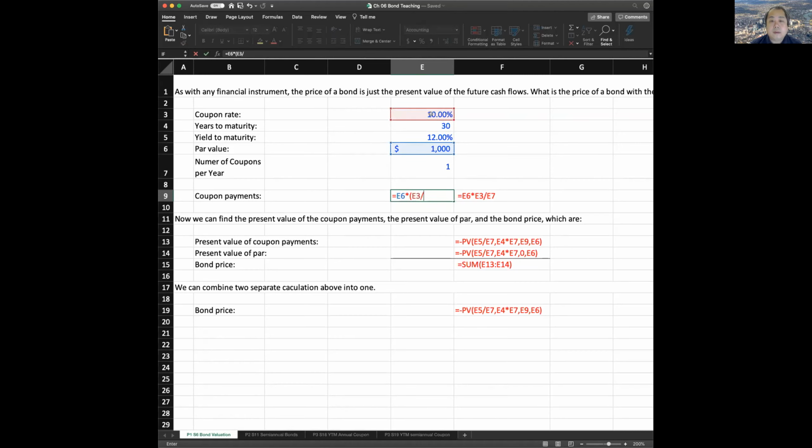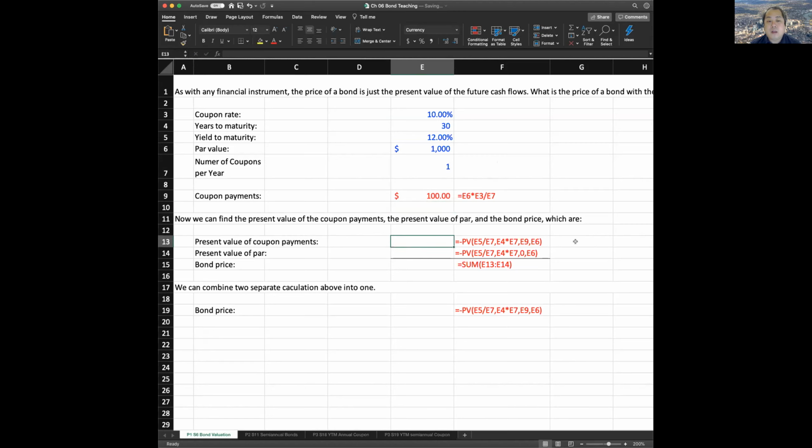And if it is not an annual rate, you have to divide by the number of coupons per year. We have annual ones, so just divide by 1, which is just the same as the coupon rate, then $100.